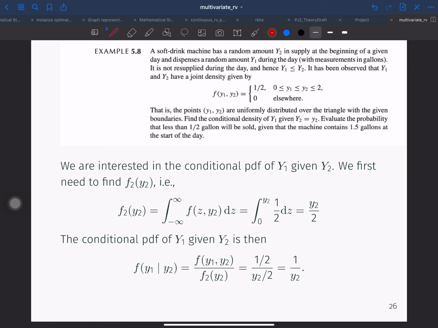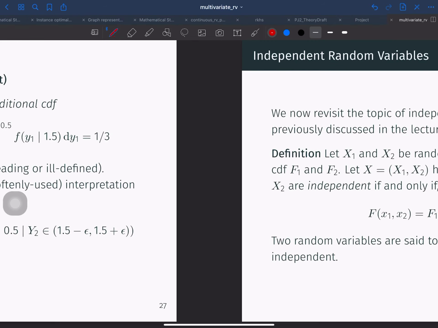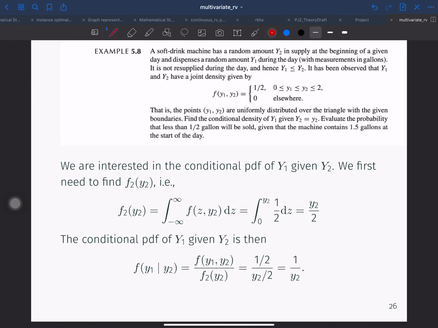So we will discuss one last example before we end for today. So let us talk about this example here, which is example 5.8 in your textbook. So once again, we have a joint PDF where now the domain of integration is of this form.